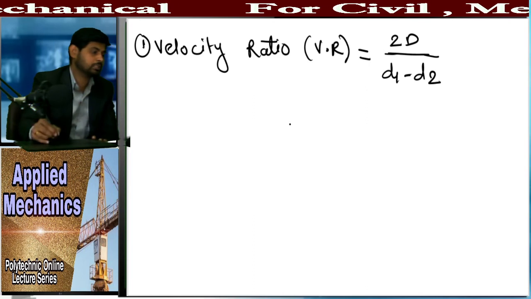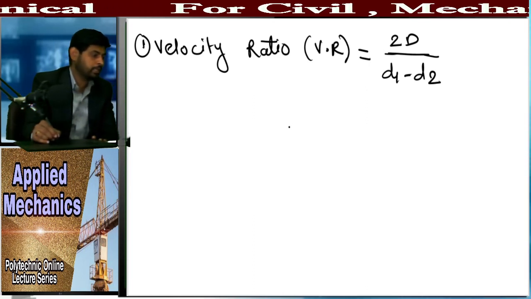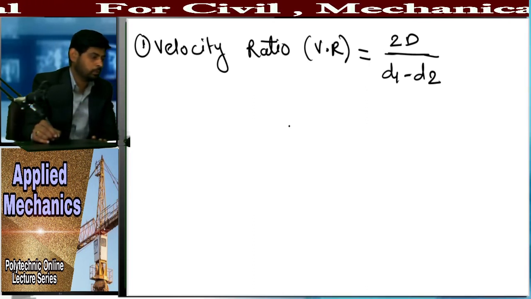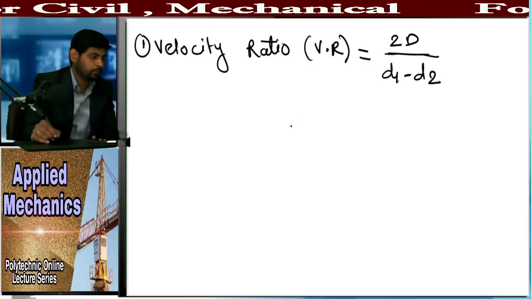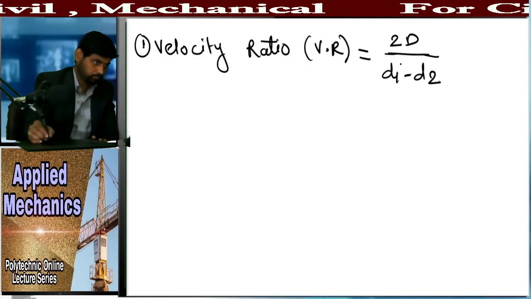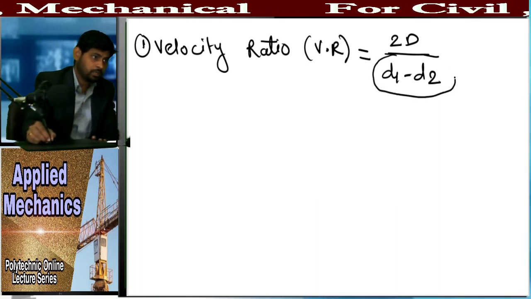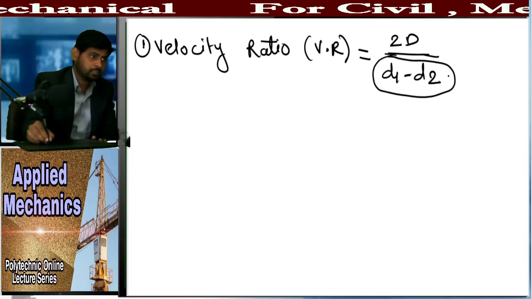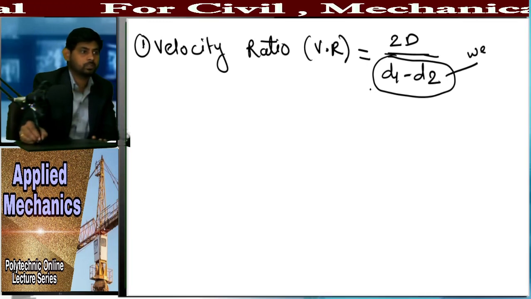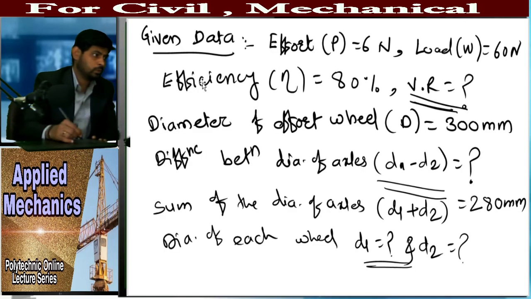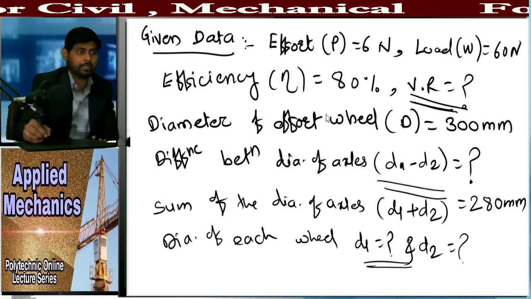So this is the formula to find out the velocity ratio. But you can see here that we don't know this term. So this is the total given data.